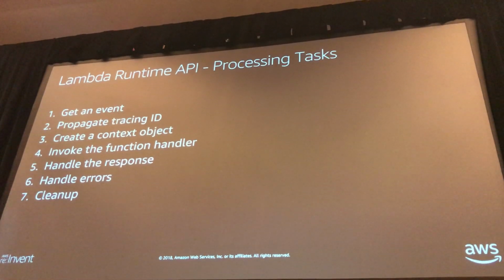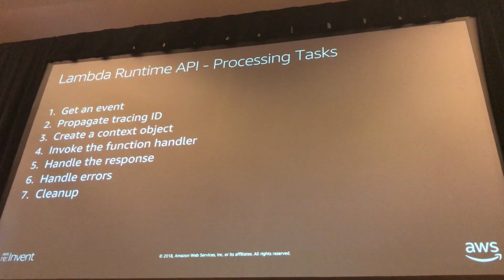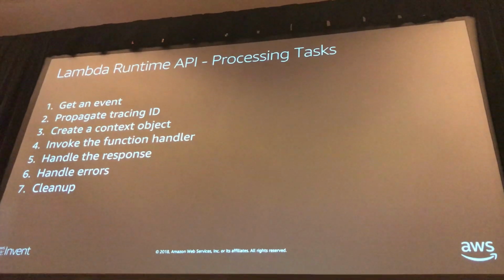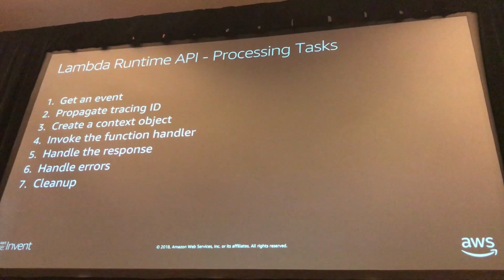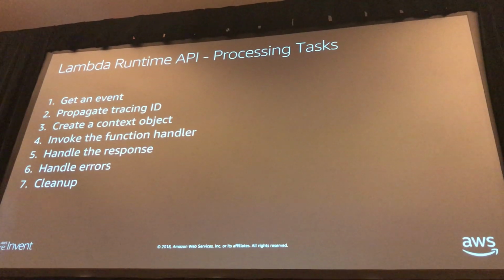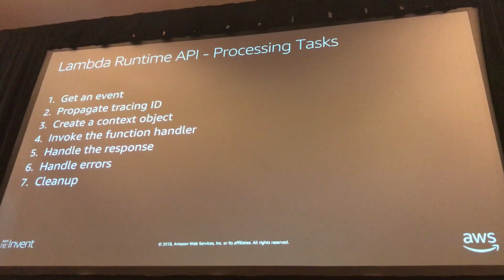So the flow of a new runtime will be, you have some initialization, and you can eventually fail during the initialization of the new runtime. Then it will get an event from a URL. The event will also contain the X-Ray tracing ID, and you as a bootstrap provider are in charge of taking this value and putting it into an environmental variable that X-Ray will see.